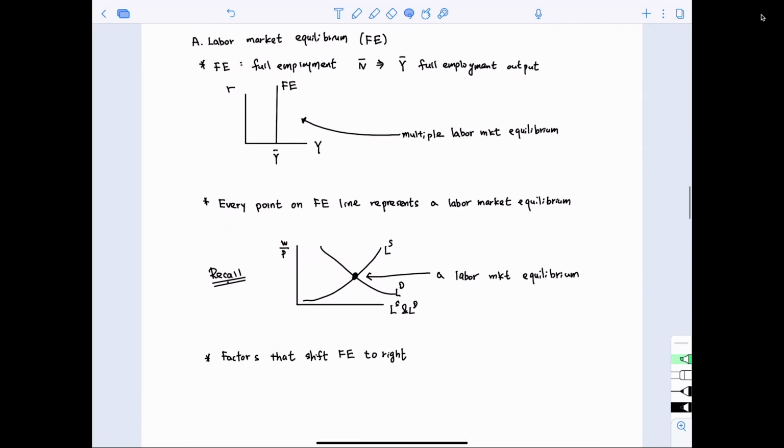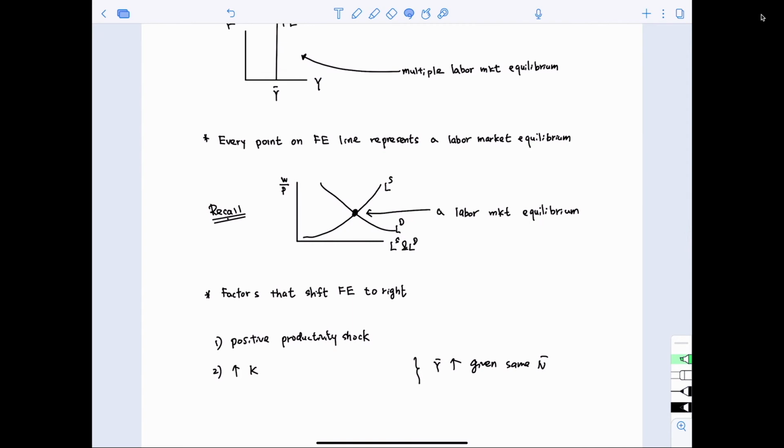So what could be the factor that shifts the full employment line to the right? Well, whatever factor causes the full employment output to increase will cause the full employment line to shift to the right. Therefore, we conclude that when there is a positive productivity shock or an increase in the capital input, all of them will cause an increase in the full employment output given the same level of labor input.